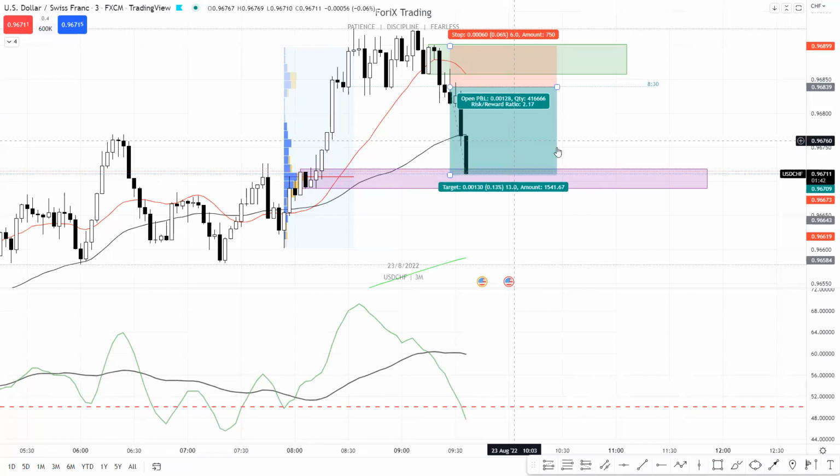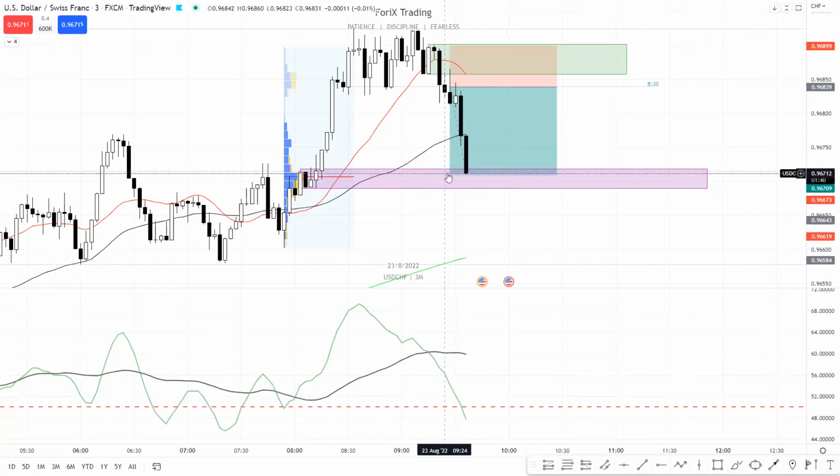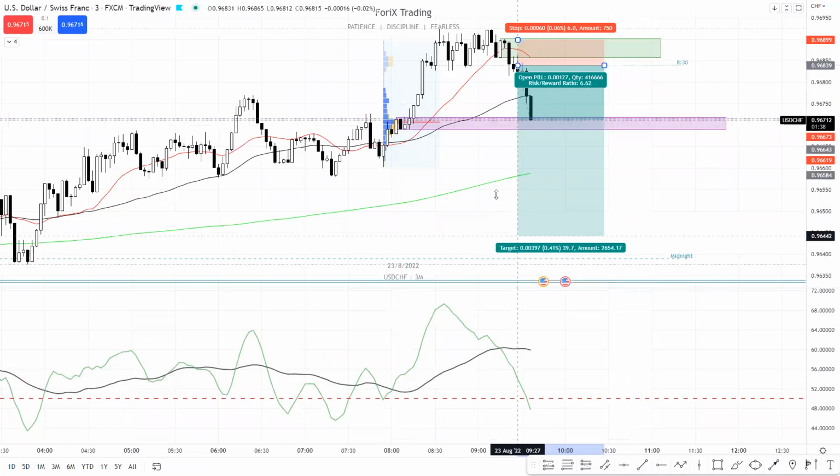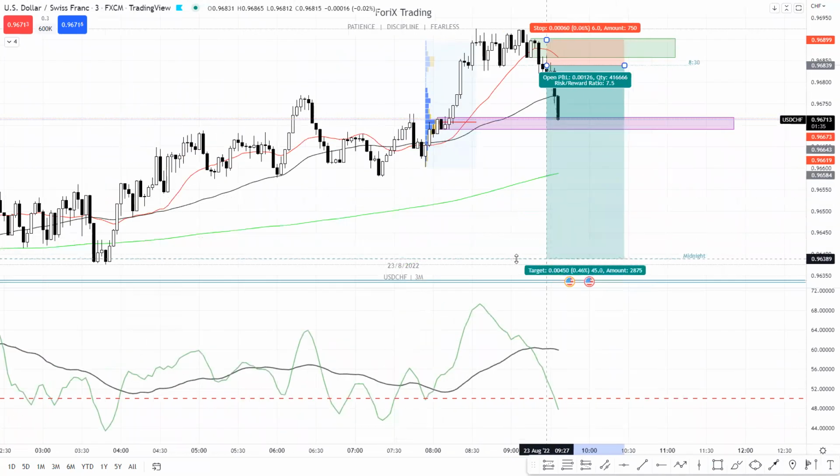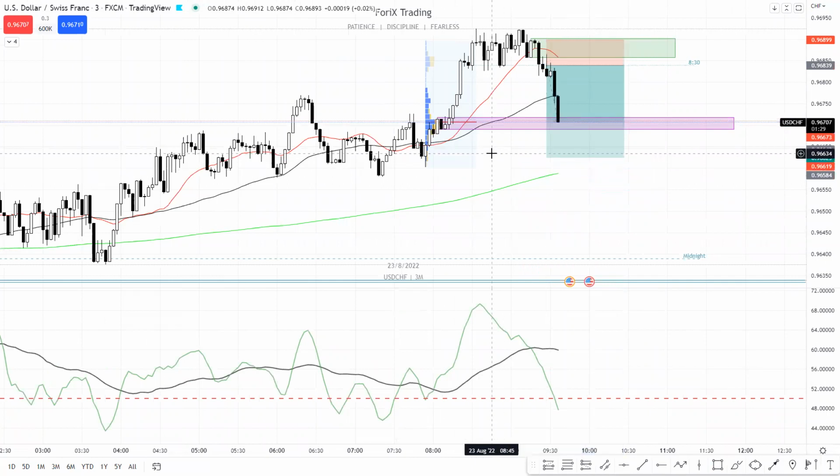So we have half closed. At this point here, we closed half and could have continued to take profits. And that would be the full position.